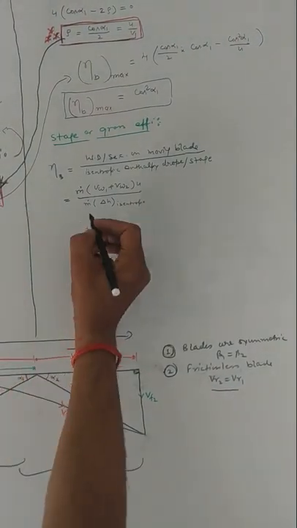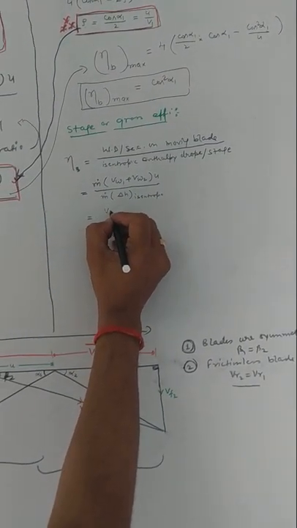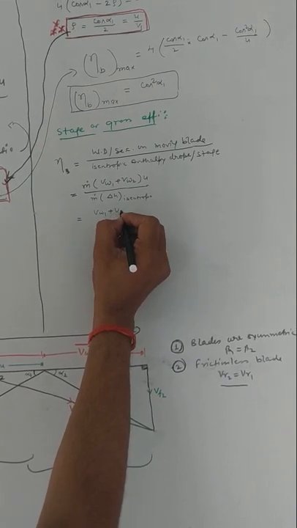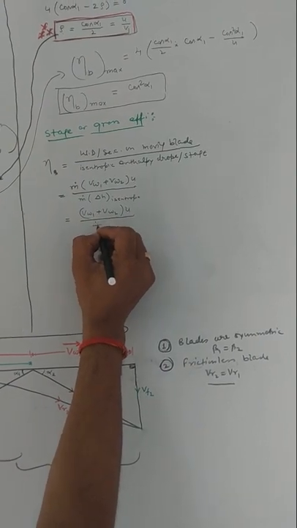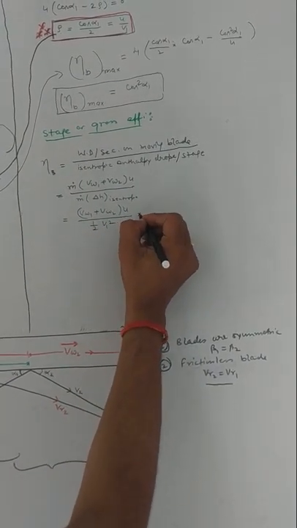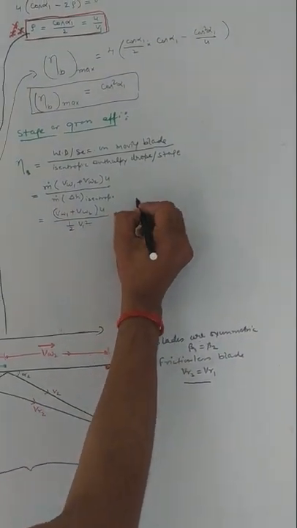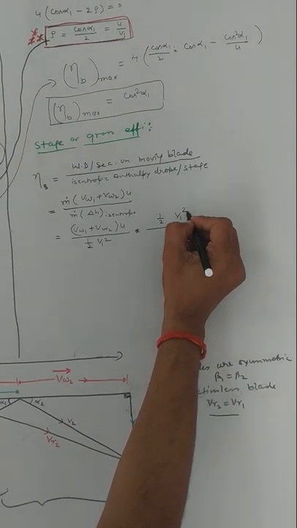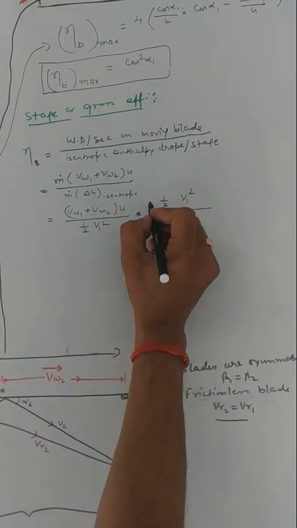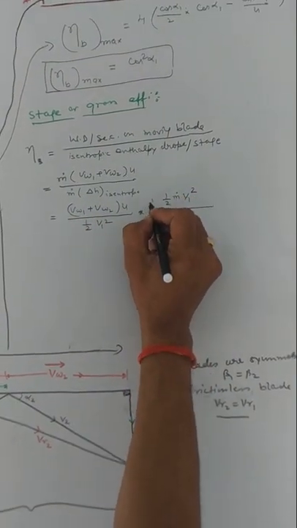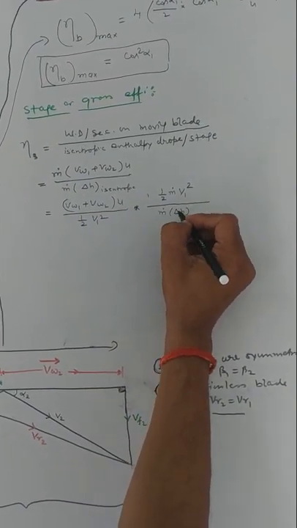Okay, so now we can rearrange this equation and write it as (VW1 plus VW2) into U divided by half V1 square, multiplied by half m dot V1 square divided by m dot delta H isentropic. We have multiplied and divided by half V1 square.